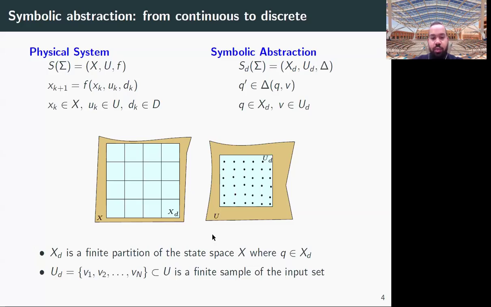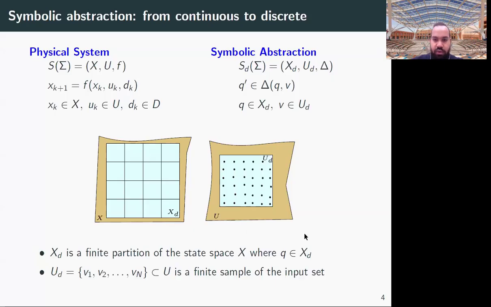And then for the input space, the only thing we do is that we take a finite sample from the continuous input space. So we have this continuous input space and we take finite samples, and this will be our discrete input space, which we call UD.